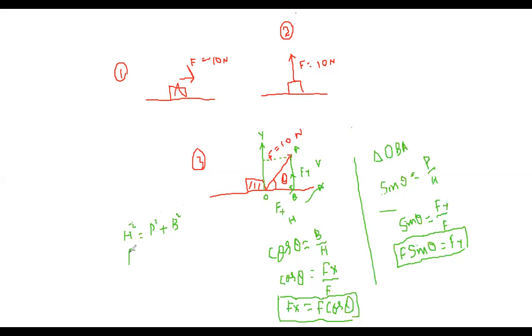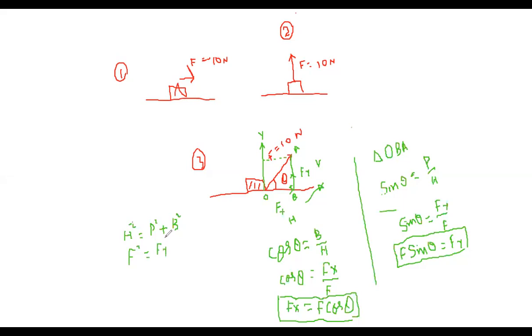H is F, which is the resultant vector or the resultant force, and the perpendicular, you can see very clearly, is Fy. I will explain it in a separate lecture also.